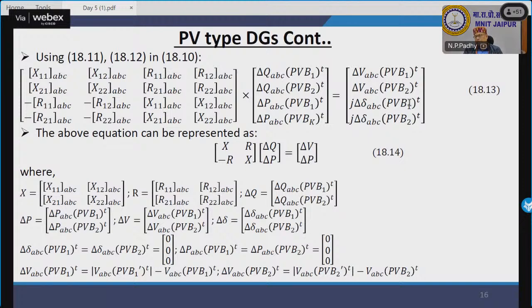This is for a three-phase system, where the X and R of delta Q, delta P, delta V, delta delta are all of three-phase systems. In the meantime, delta ABC is basically a 0, 0, 0 matrix, and delta P ABC is also a null matrix. And delta V ABC is given by the following equations.